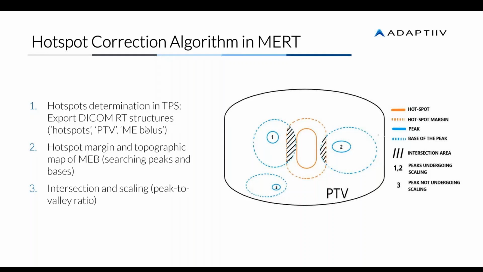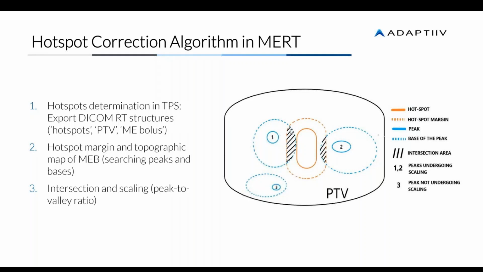The RT structure of the PTV and the already modulated bolus from the first iteration will all be used in our hotspot correction algorithm, which will create a hotspot margin around the hotspot, and it will create sort of a topographical map of the modulated bolus.